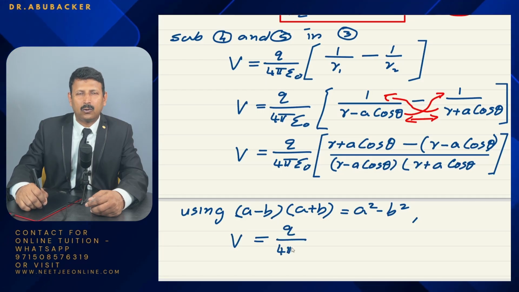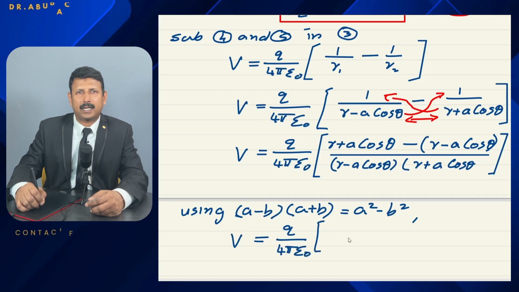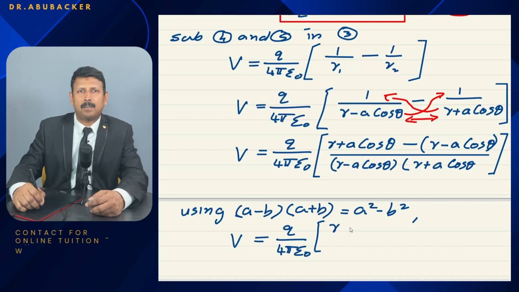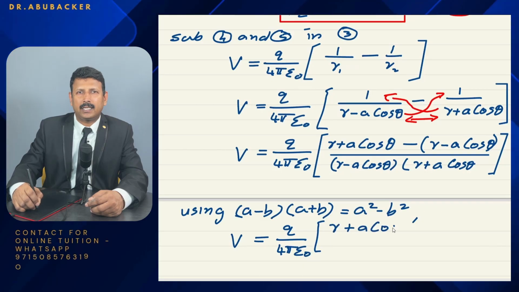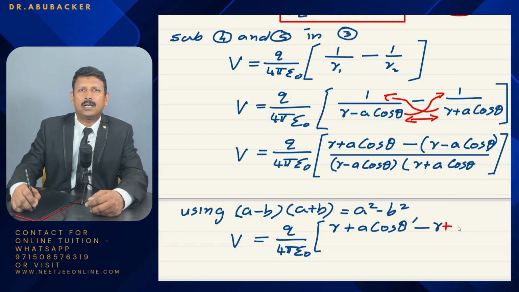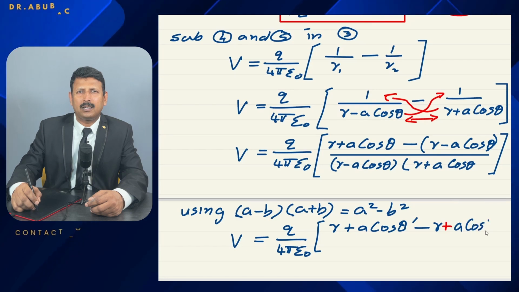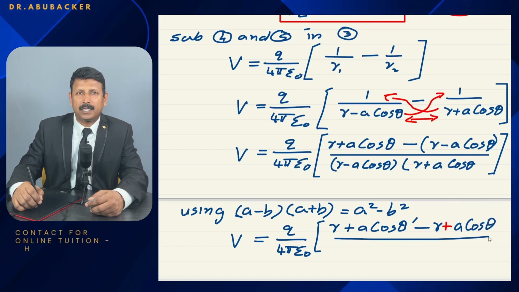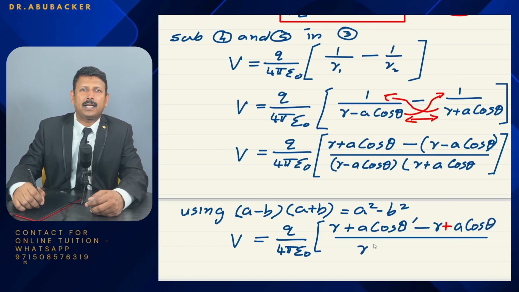So V is equal to q divided by 4 pi epsilon 0, open the bracket, start writing: r plus a cos theta, open bracket now, minus r will become minus, inside minus a cos theta will become plus a cos theta. I hope no confusion. So simple mathematics. Denominator, use the identity now. It will be like a square minus b square.